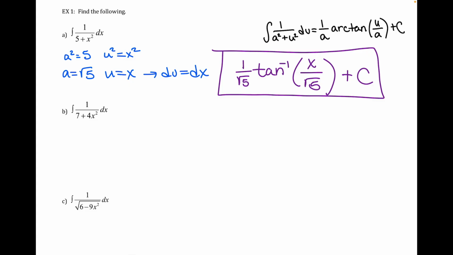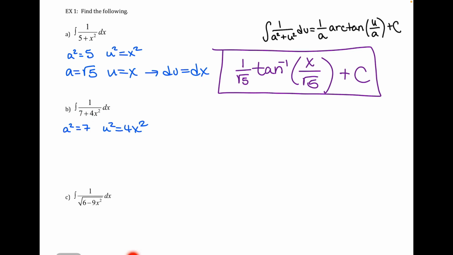In my second example, we're integrating 1 over 7 plus 4x squared dx. This also fits into that arctan pattern. We have constant plus the x squared in the denominator. To get this problem to fit into that arctan pattern, the a squared is the 7 and the u squared is 4x squared.